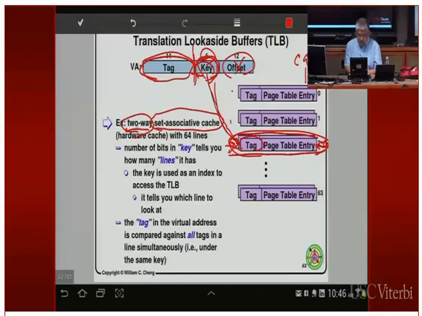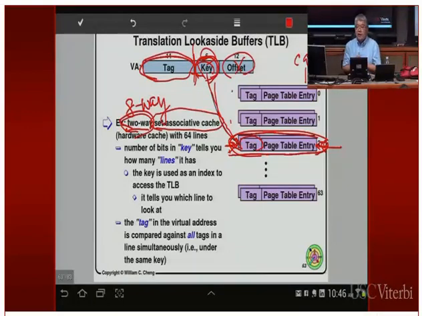Actually, these days Intel has an 8-way set associative cache. Therefore, every one of these cache lines will have 8 of these buffers. So whenever you generate a virtual address, the virtual page number, the first 14 bits, is going to be compared against 8 of these entries in parallel.